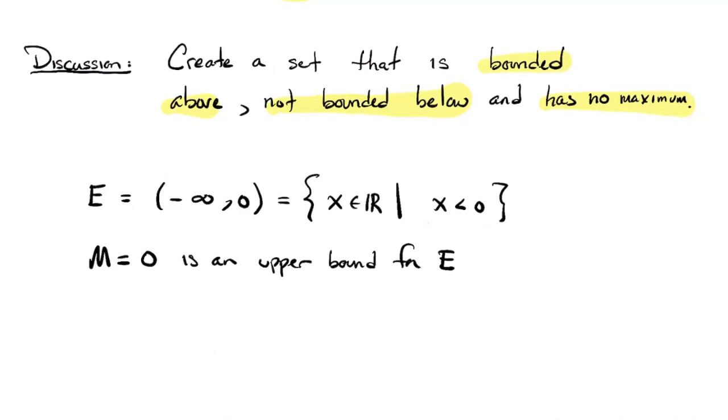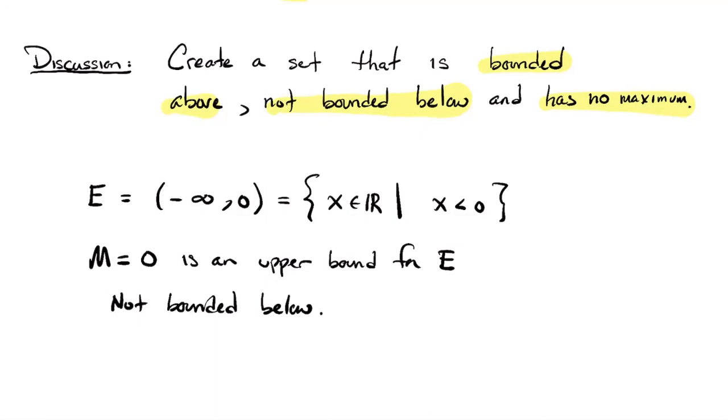It's not bounded below. There is no number that is less than or equal to all elements of E, because E contains all negative real numbers. So my set E here is not bounded below. If you give me any potential real number m that you think is a lower bound, I could subtract 1 from that number and find an element of E that was less than it.